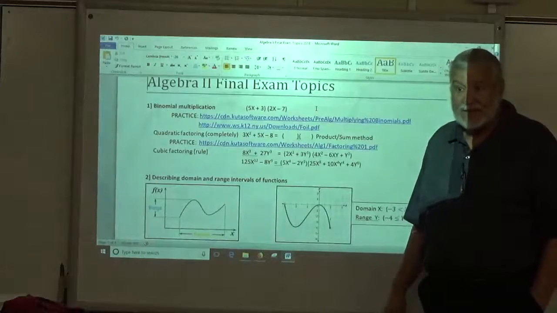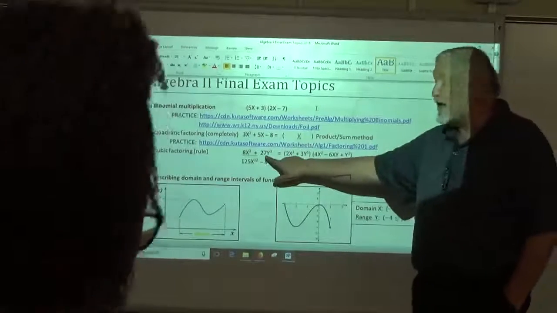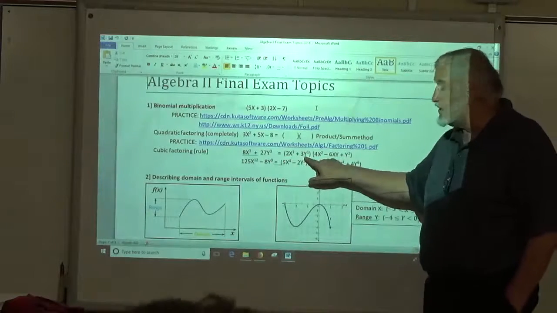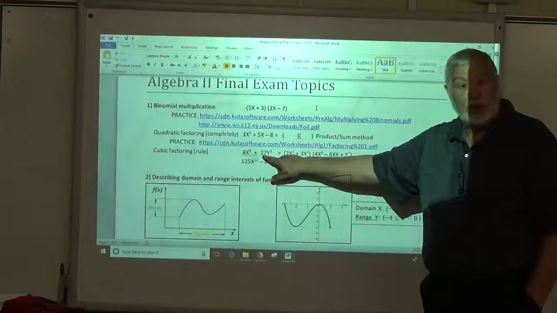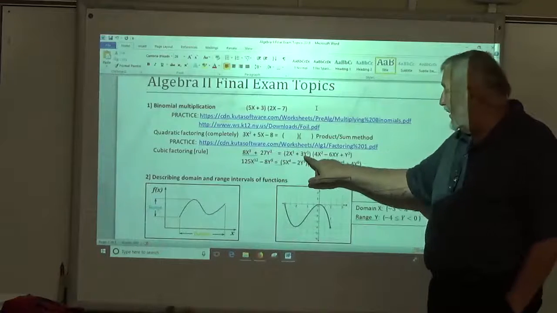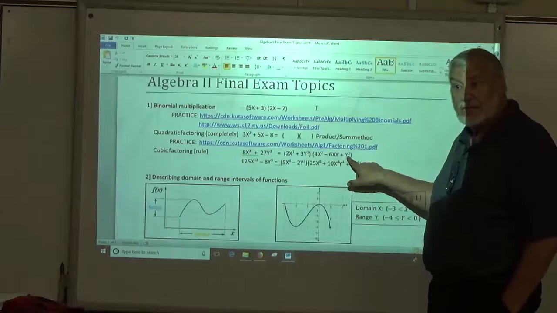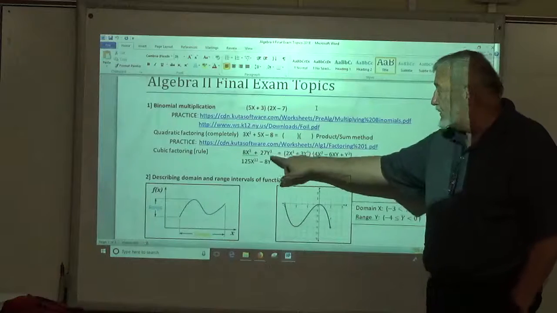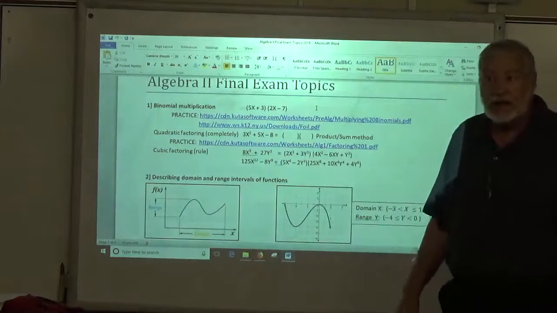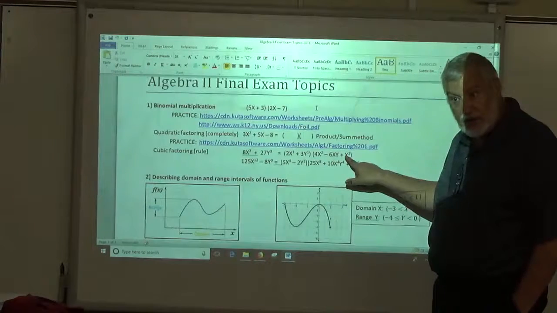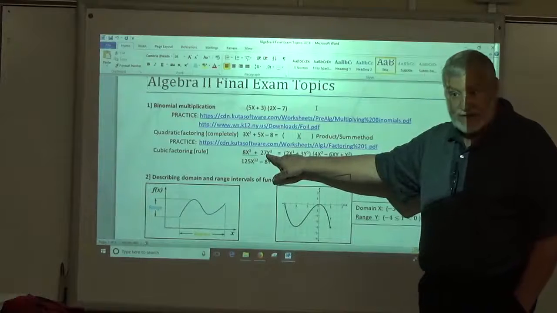Because if I don't do first this times this, I can't get that. Right? Make sense? And that same thing in this case would be true for 27y cubed. Right? If this is 3y, because it's the cube root of both of those, then 3y times what is 27y cubed? 3y times 9 to make 27.